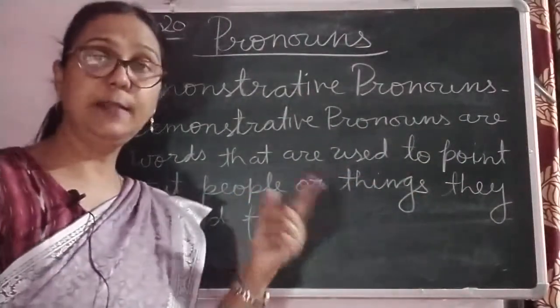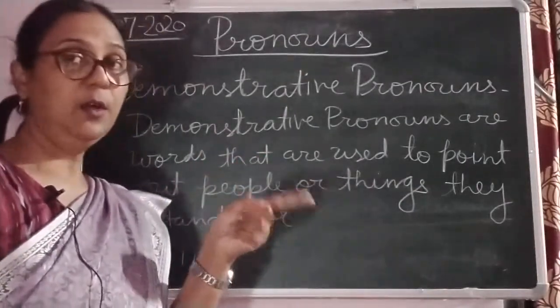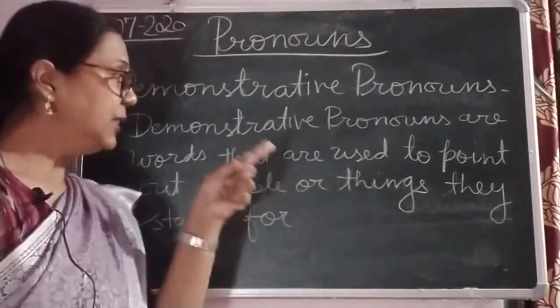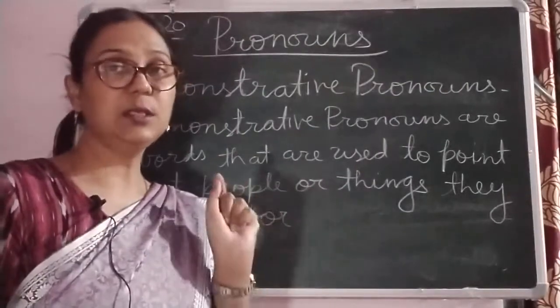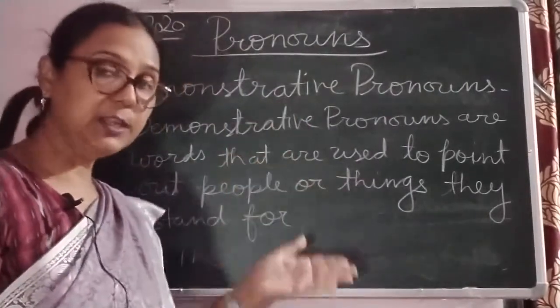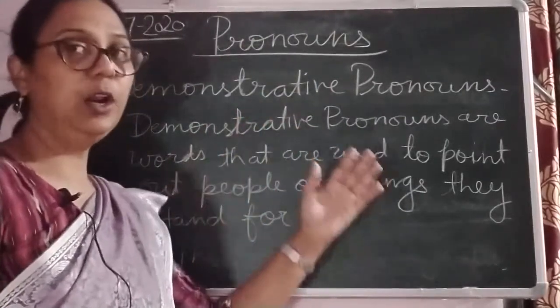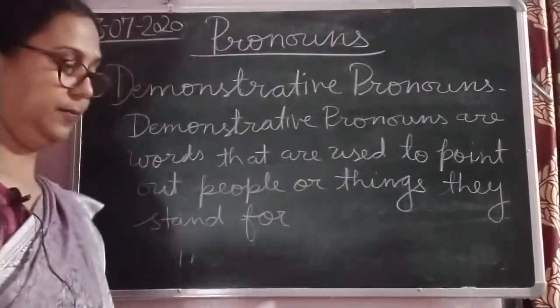Or in the other way you can say, we are going to demonstrate something, we are going to show something, so we have to point out the thing. That time we are going to use this, that, those, these. So I am going to make a table over here so you can understand what are the plural of this, what are the plural of that.